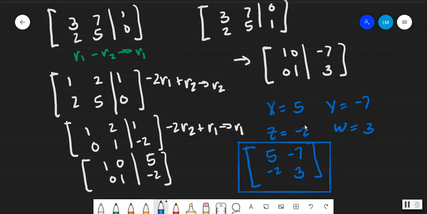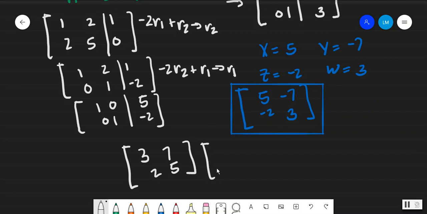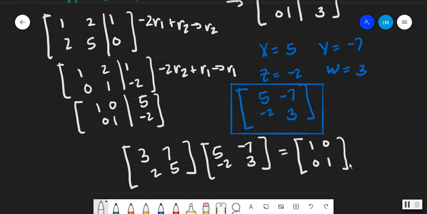Now, you'll notice that if you multiply the matrix we were looking at, 3, 7, 2, 5, by 5, -2, -7, and 3, this equals 1, 0, 0, 1, and that's it.